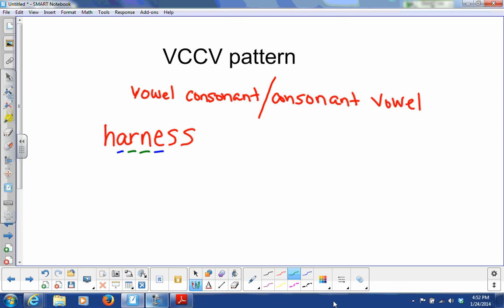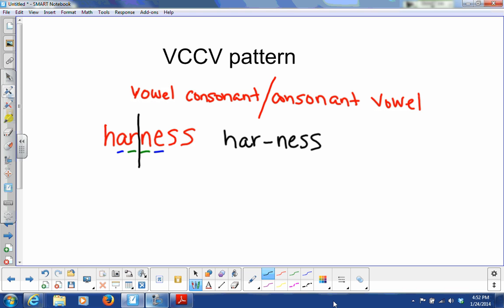The consonants are in green, the vowels are in blue. So I want to separate this in the middle of the consonants. So my syllable line is going to go right there. If you're looking at it on a test, it would be har-ness. That's where you would separate them out.